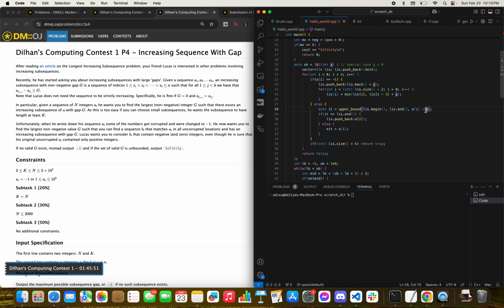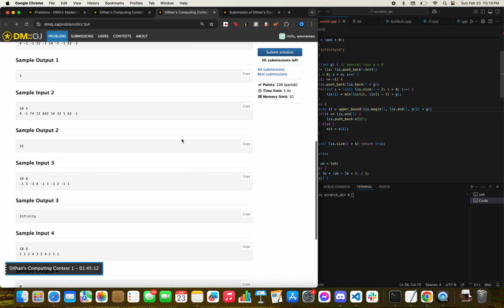I think upper bound finds the first thing that is bigger, right? What I actually want is the last thing that is at most this. If I turn this into this, what happens?